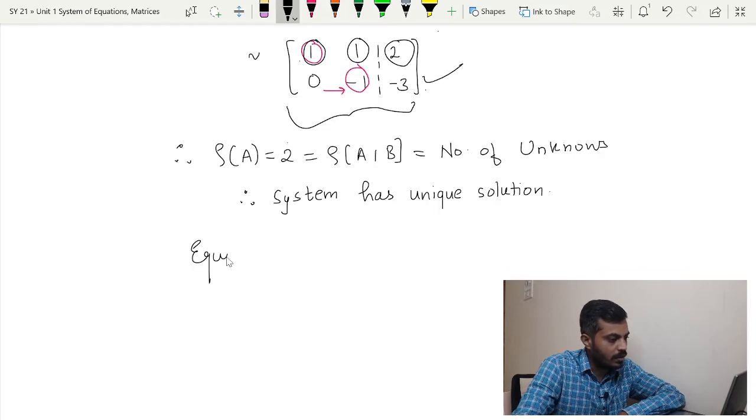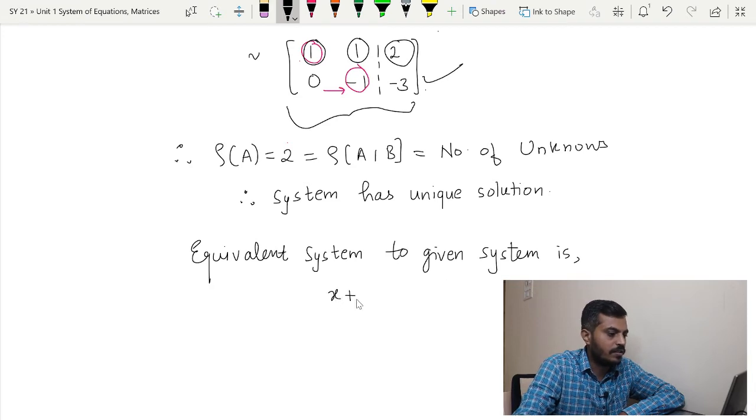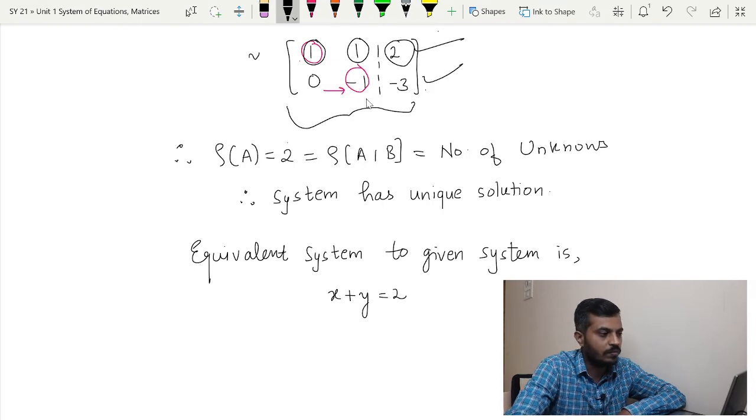I will say the equivalent system. The equivalent system to the given system is x plus y is equal to 2. This we have obtained from the first row of the matrix, and since this entry is 0, the coefficient of x is 0. Since this entry is minus 1, the coefficient of y is minus 1. So, I will have minus y equal to minus 3.